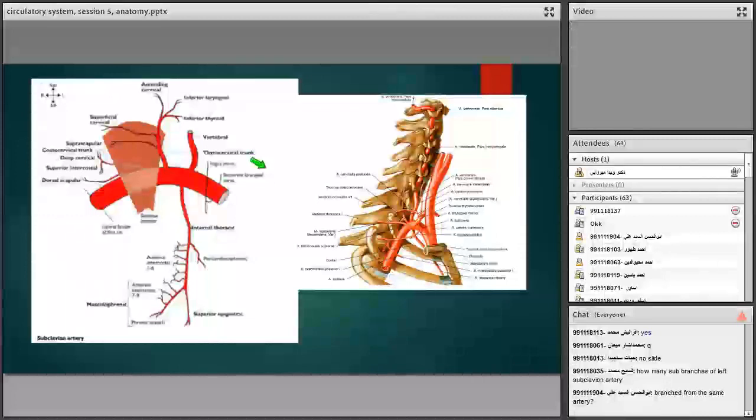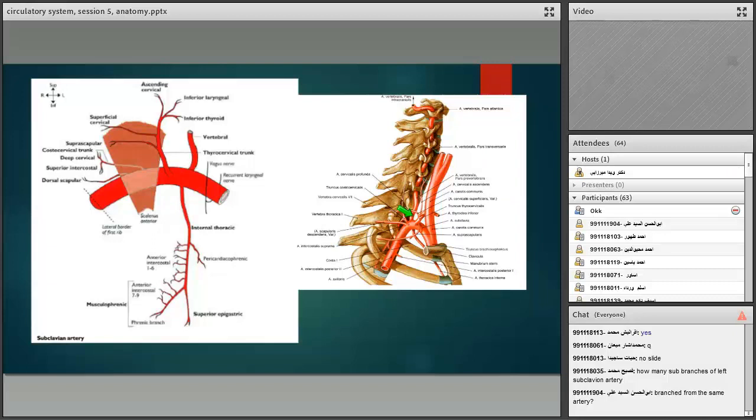We said that the subclavian artery is sending, look at here at first. This is the vertebral artery, which is entering the foramen transversarium of the cervical vertebrae and at the end entering the skull through the foramen magnum and supplying the blood for the brain.